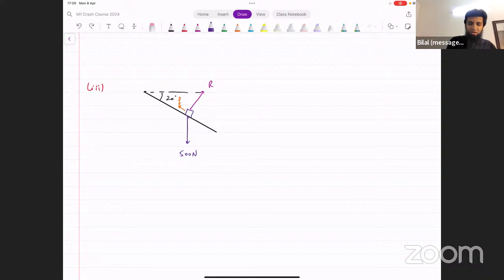If this angle is 20, what about this angle? This angle is also going to be 20. And that means this is also 20. This component is 500 cos 20, and the other component is 500 sine 20. These are all the forces acting.